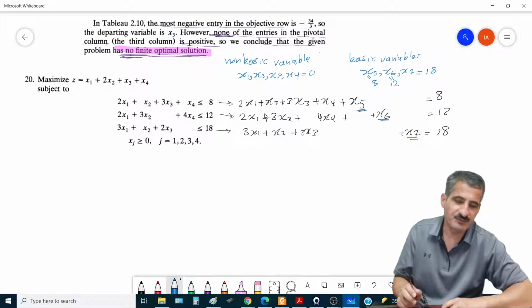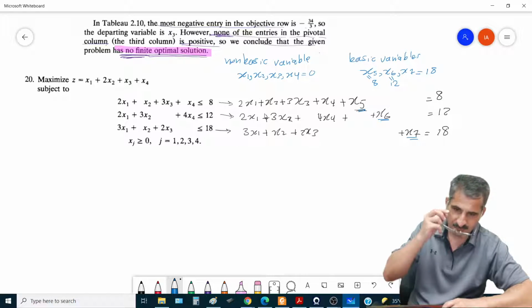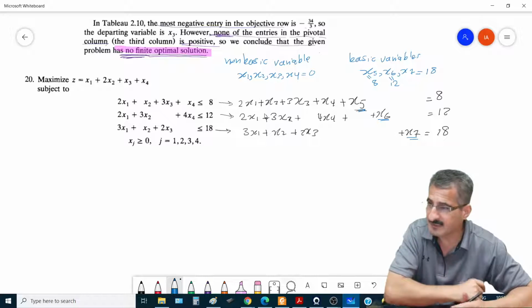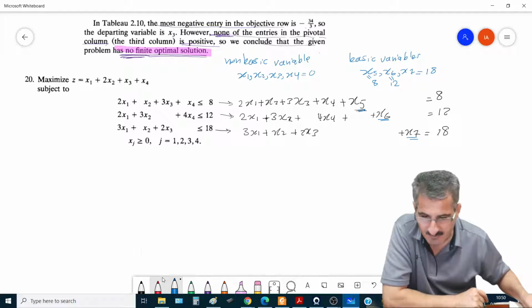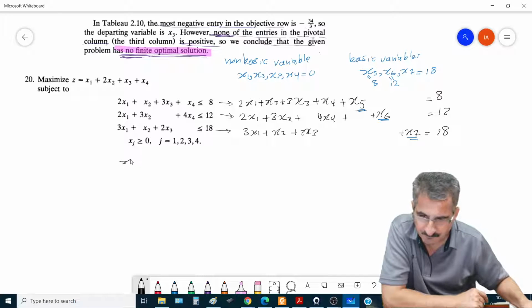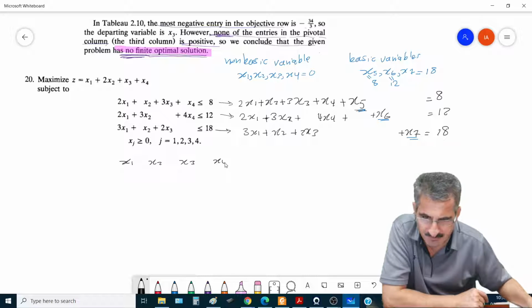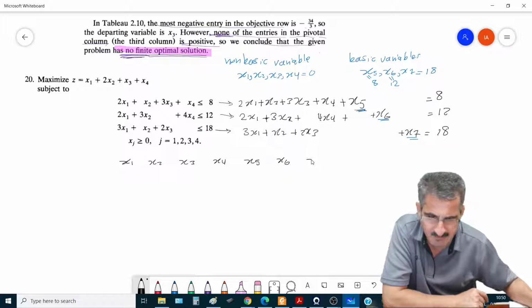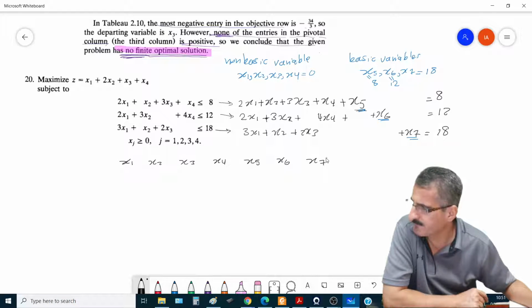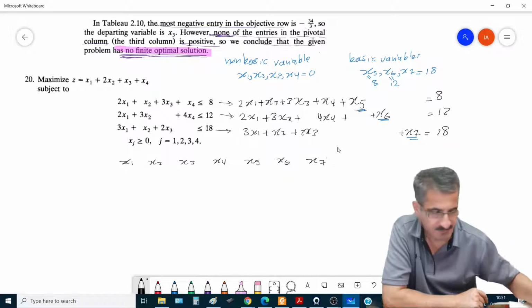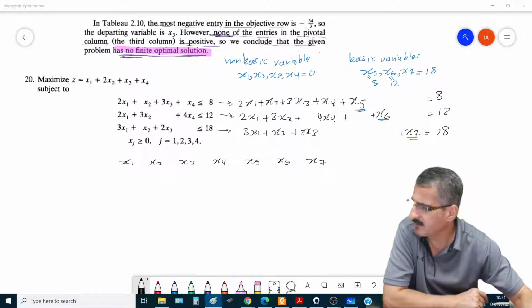And the first extreme point is 0, 0, 0, 0. So let us make the table now. We will have x1, x2, x3, x4, x5, x6, x7, and a last column.